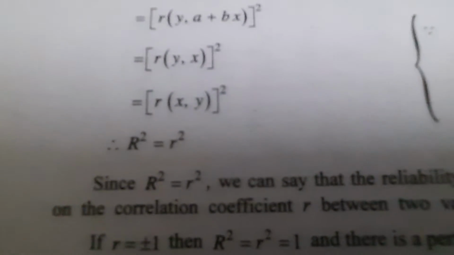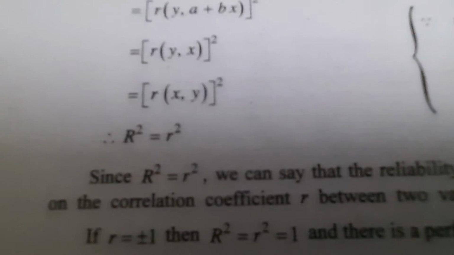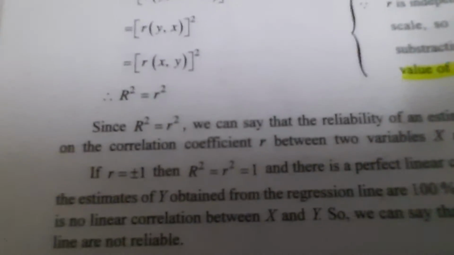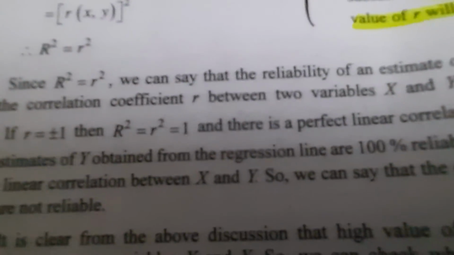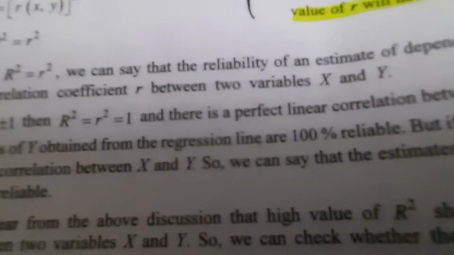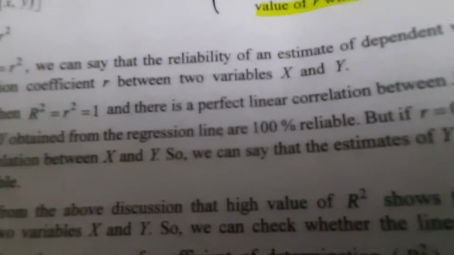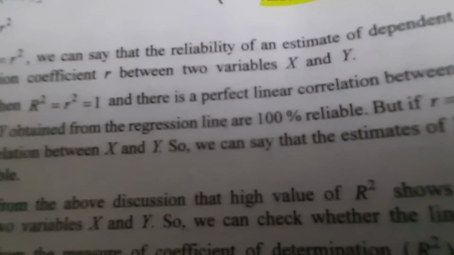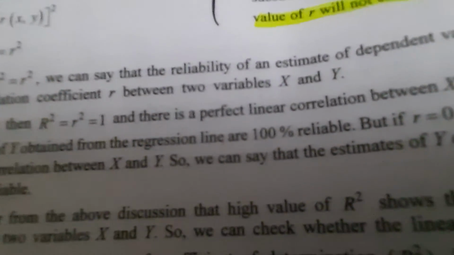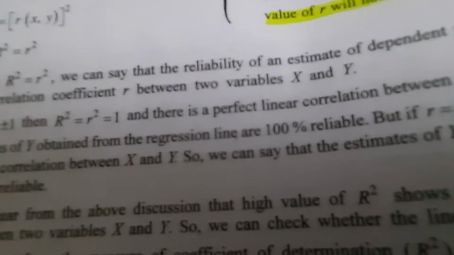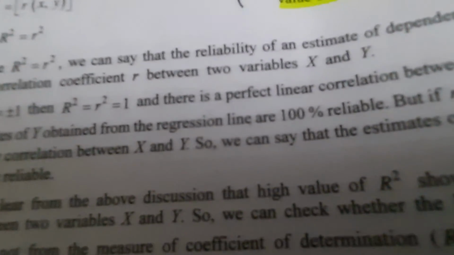Therefore r xy the whole square is what we get, and that is r squared equals small r squared. So we can say that the reliability of an estimate of the dependent variable y largely depends upon the correlation coefficient r between the two variables x and y.